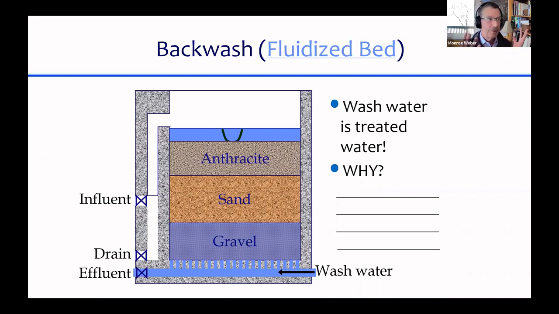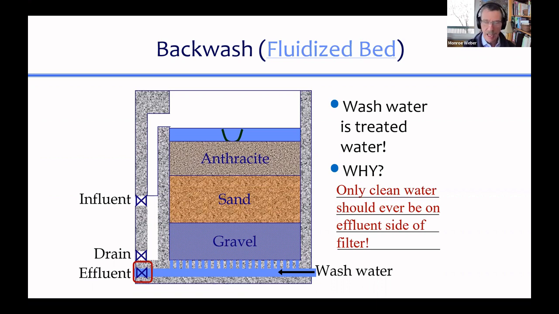The water that we just used for washing it. And so if we were to use raw water, for example, dirty water from our mountain stream to backwash the filter, then when we quit backwashing, there'd be dirty water at the very bottom of the filter, and that would be the first thing that would go towards our clear well to our customers. So that's why wash water has to be treated water.